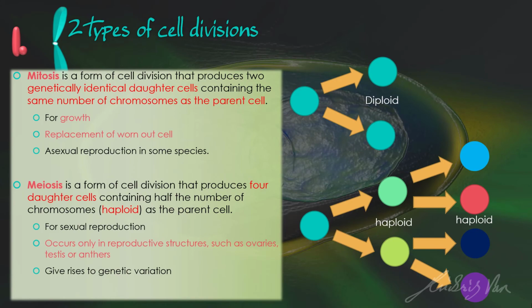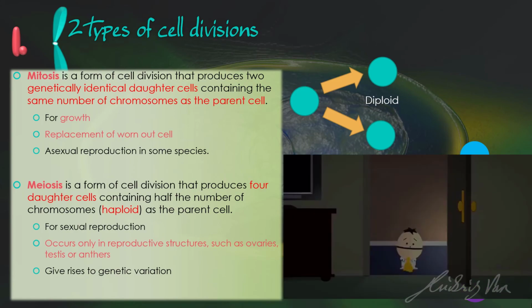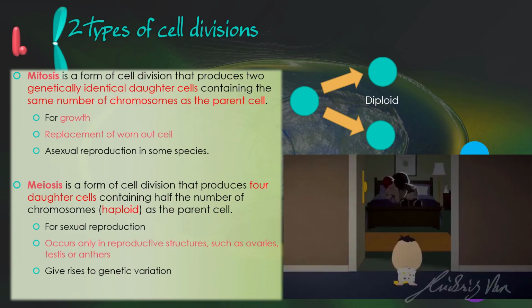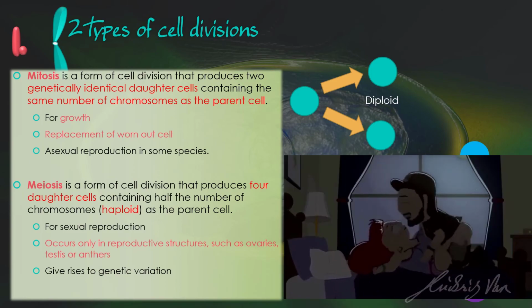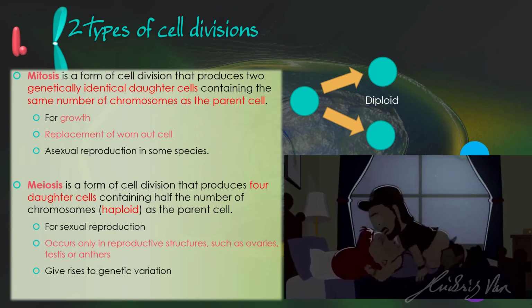How about meiosis? Since meiosis is related to sexual reproduction, just imagine when you were a child, maybe in kindergarten or even younger, and you accidentally stumble into your parents' room and they are making out.